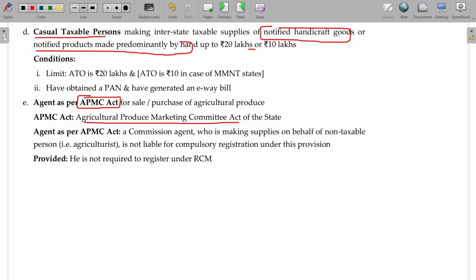And anybody formed as per APMC Act, if you are acting as agent for them, of course you don't need to register. Agent as per APMC Act, commission agent, who is making supplies on behalf of non-taxable person, that is agriculturalist, is not liable for compulsory registration under this provision, provided he is not required to register under RCM also. So he should not be a registered person under RCM also. Okay, APMC.